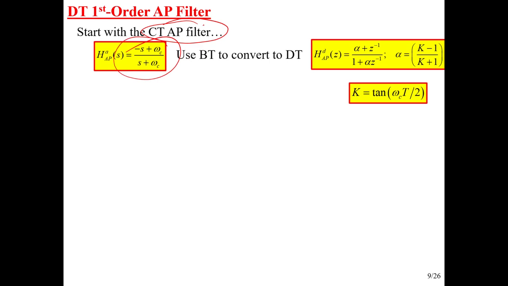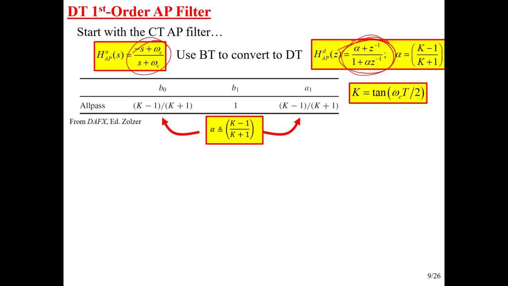If you work through that, you'll discover that it ends up looking like this, where the alpha is set based upon our desired cutoff frequency. Remember that cutoff frequency is where the phase goes to plus or minus 90 degrees. But look at that simple structure. Classic first order.